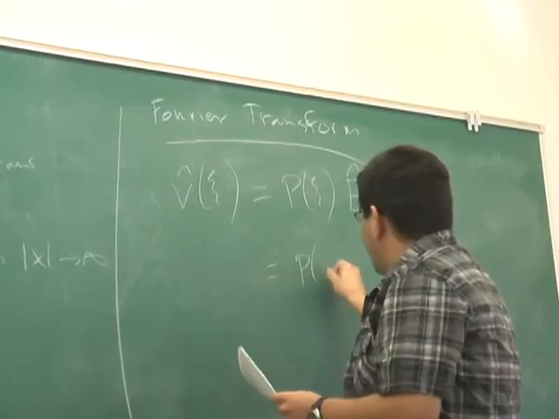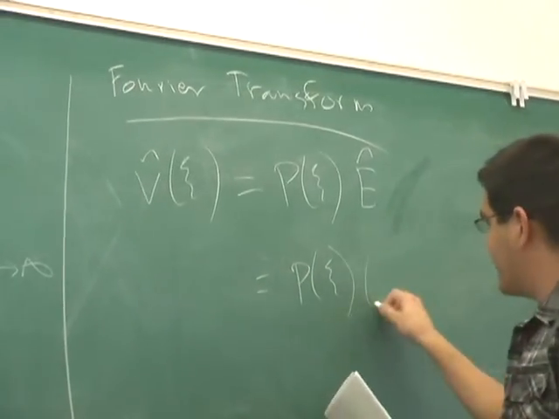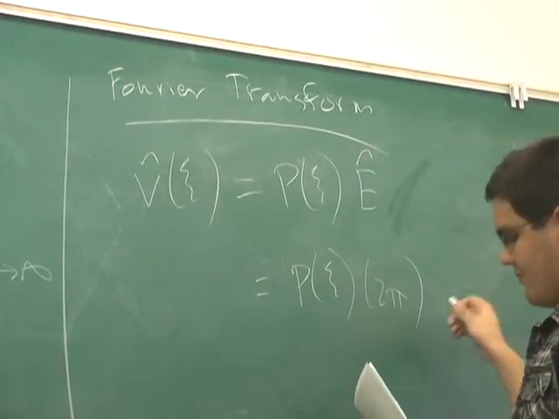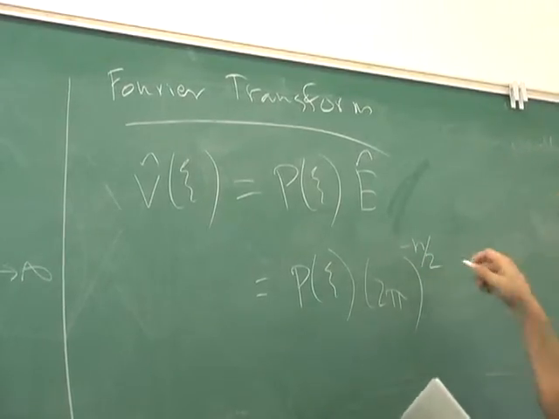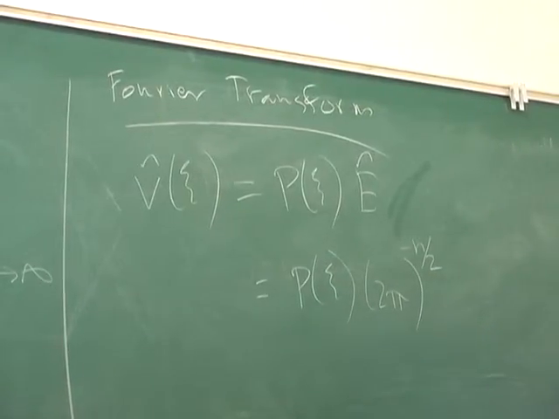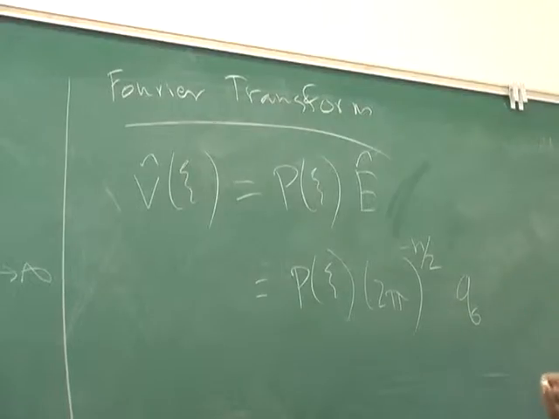So we get P of xi times 2 pi, well, you get 1 minus phi, right? Yes. So I'll just put Q there.